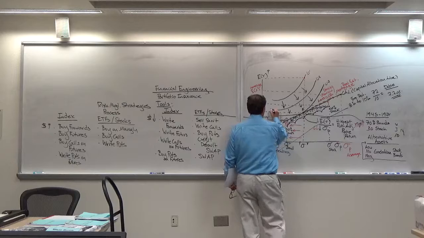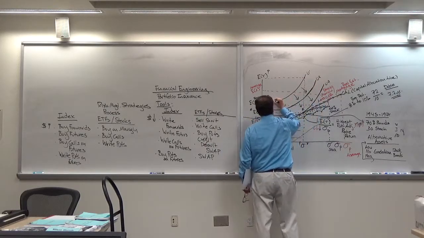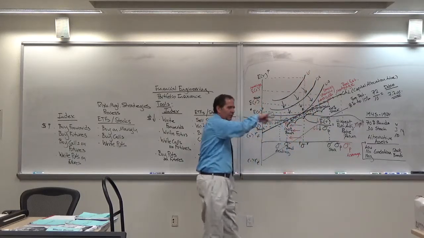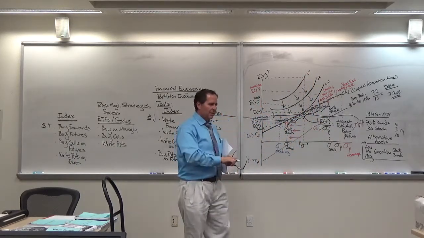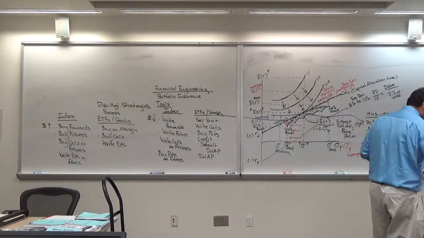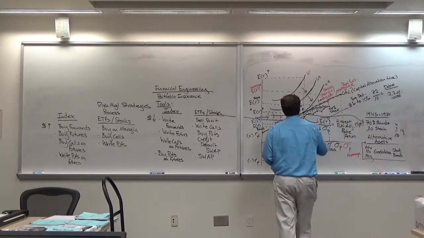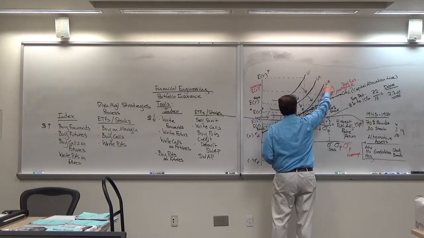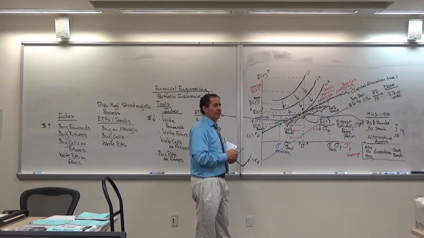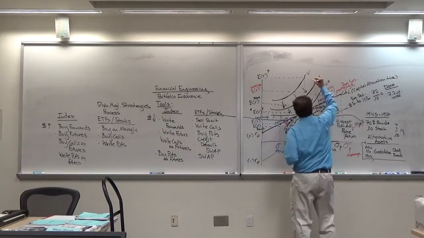And then above it that line, and then that line. And the lines need to be curved, convex. And then you're going to do U1, U2, and U3. The U means utility. These are called the utility curves.